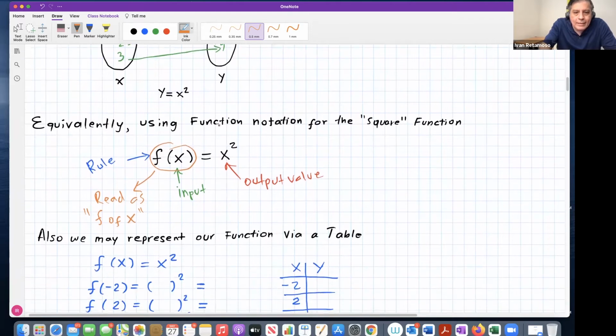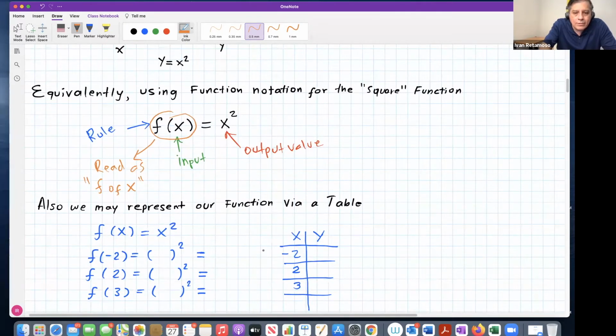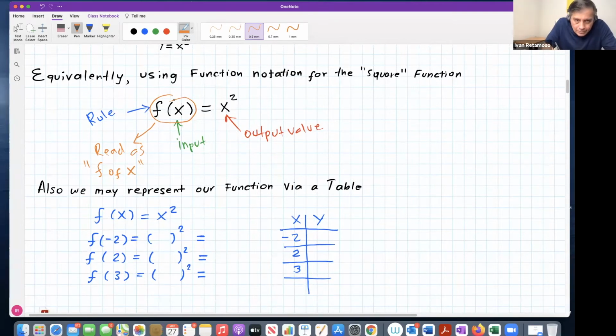Great. And this further leads to a table that we can construct with the input values and the output values. How do I construct this table, Professor? Well, you look at the functional notation here, f of x equal x squared, and you apply the function, the rule, to each input value. F of -2 will be -2 squared, that we agreed is 4, right?